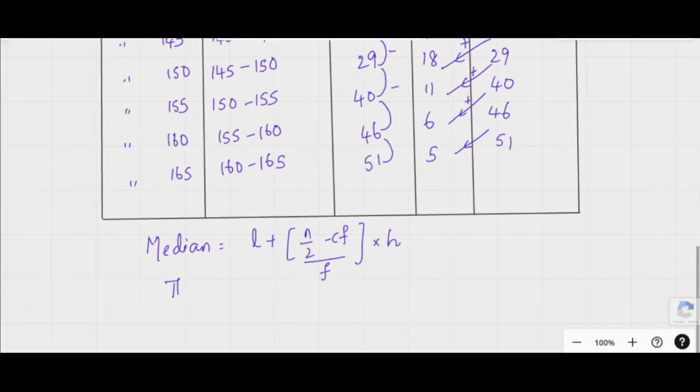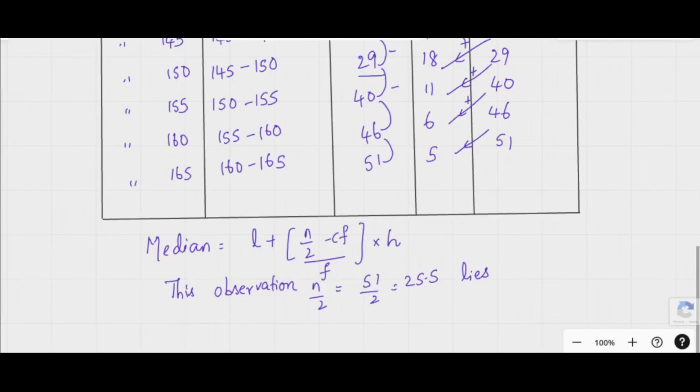So n by 2. What is n by 2 here? 51 by 2, that is equal to 25.5. Where does it lie? It lies between 145 to 150, right?